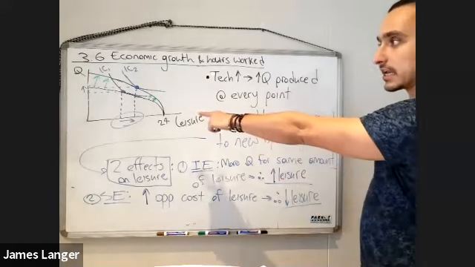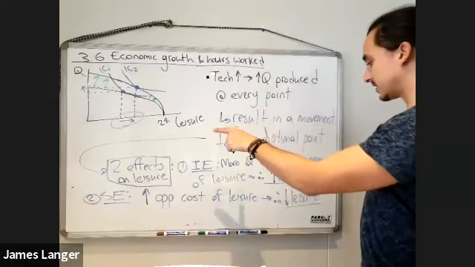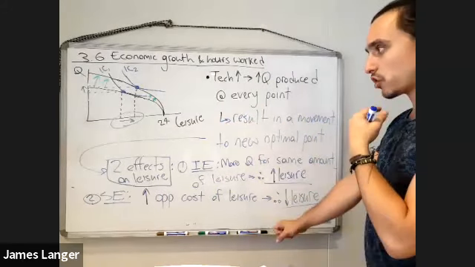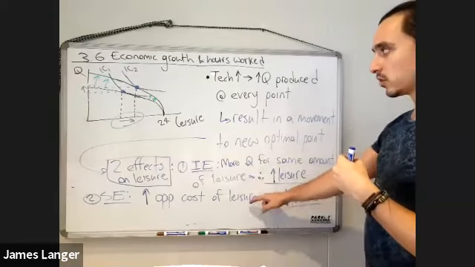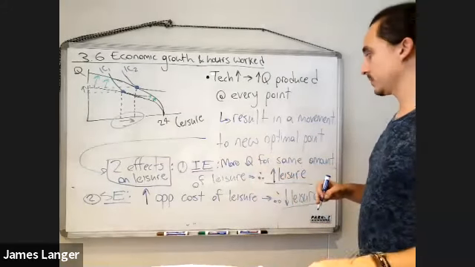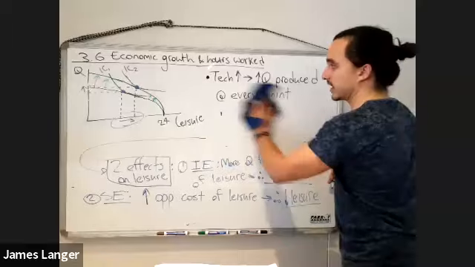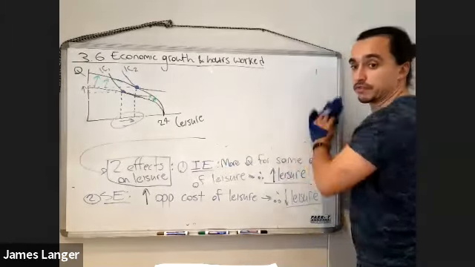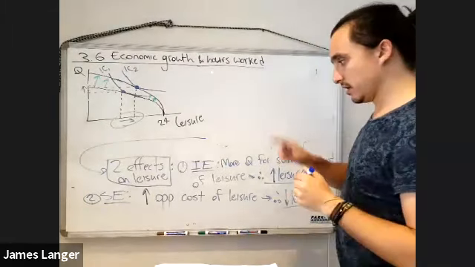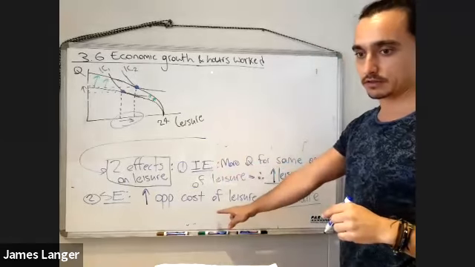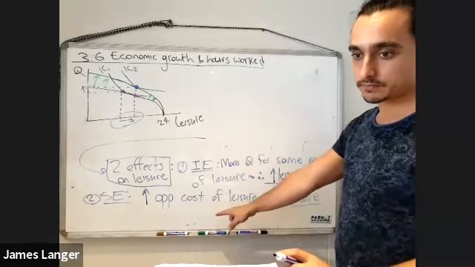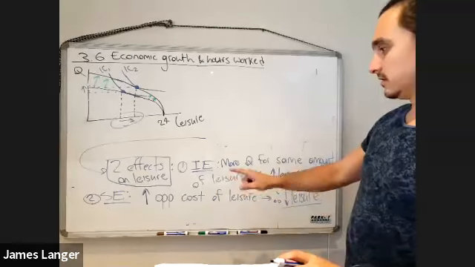So in this case that I've drawn here, which effect was stronger? The income effect or the substitution effect? What do you guys think? Which one was greater? Anyone?